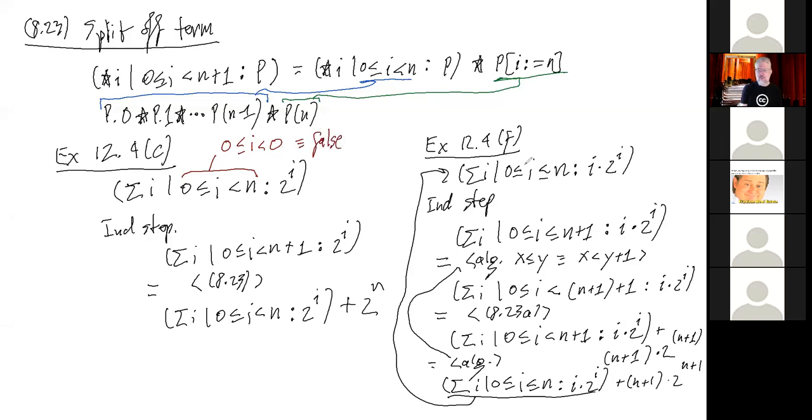And we can use the empty range rule. But here, if I put 0 in, we get 0 at most I at most 0, which is actually equivalent to just I equals 0, right?